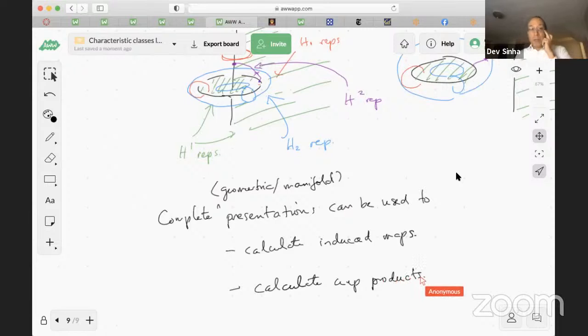So in this example above, the H upper ones and H upper twos behave differently. Let's see, sorry. Why is this not?